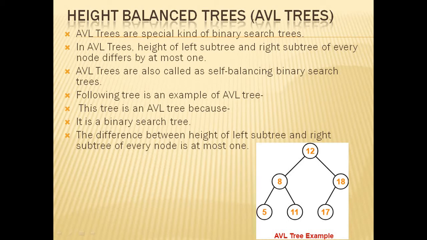A height balanced tree is also called an AVL tree. Here they balance the height of the left child and right child. So the left subtree and right subtree both balance their height, which means it is not possible to grow on the right side and not grow on the left side.